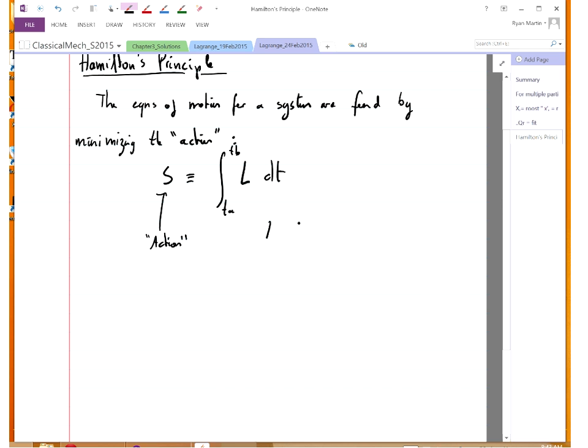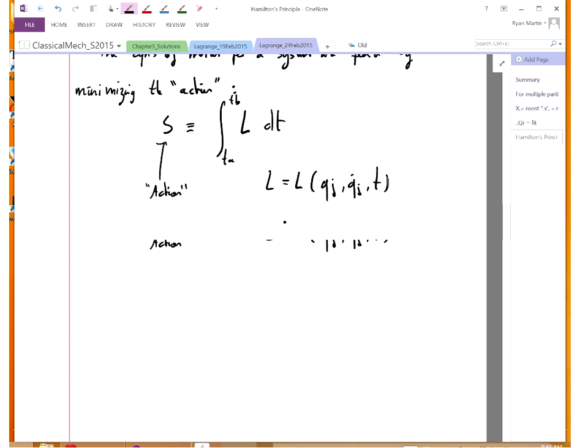This function L is a function of q_j, q_j dot, and t, and we'll eventually go back and conclude that this is the Lagrangian. But for now I'm going to take this as given.